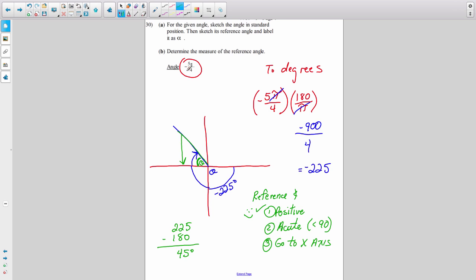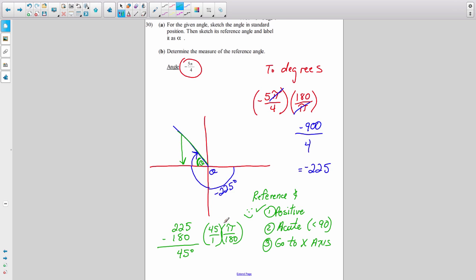Since we're in radians, I'm not going to say 45 degrees. They gave us the question in radians, so let's be friendly neighbors and pass it back as radians. So how do you go to radians? You multiply by radians on top, or pi on top. Cool.